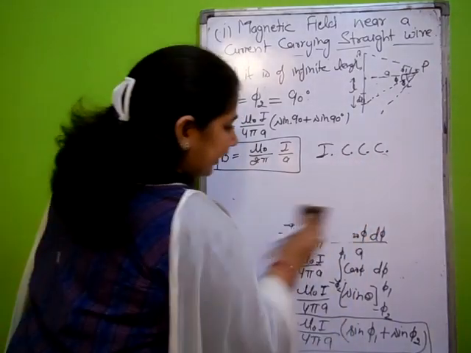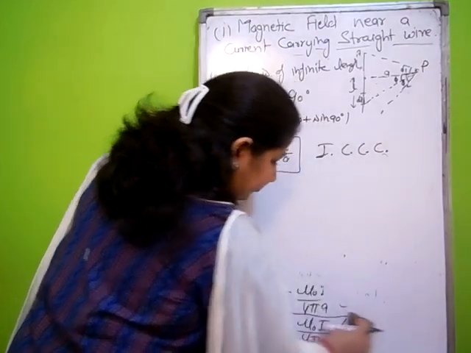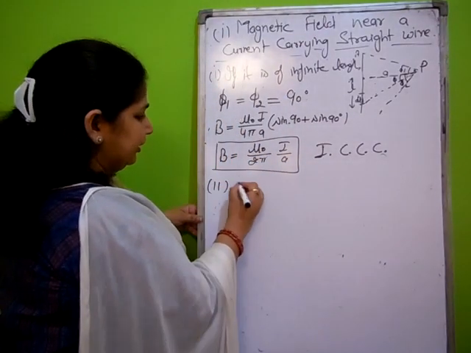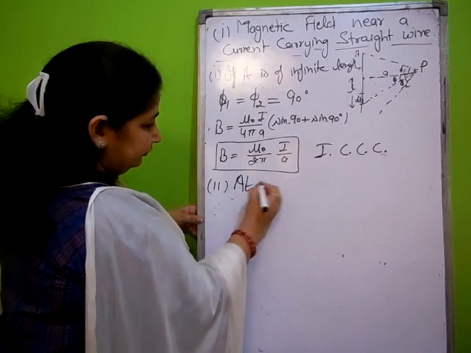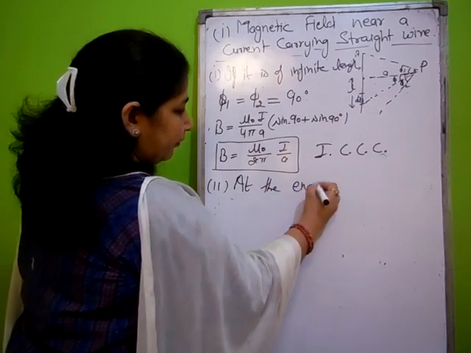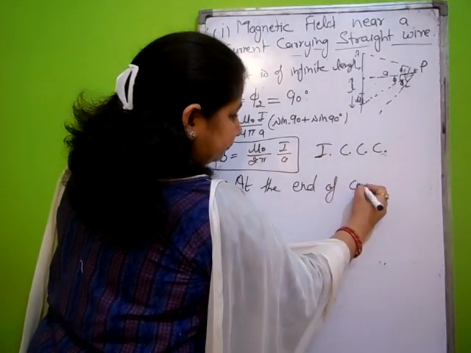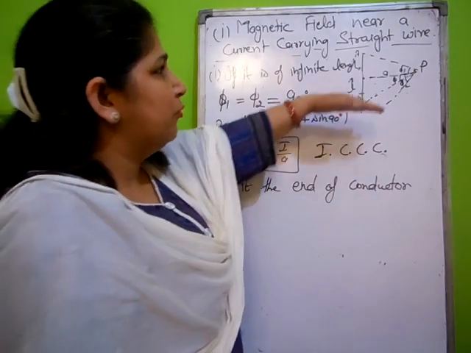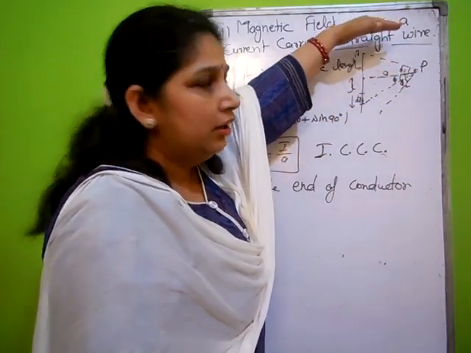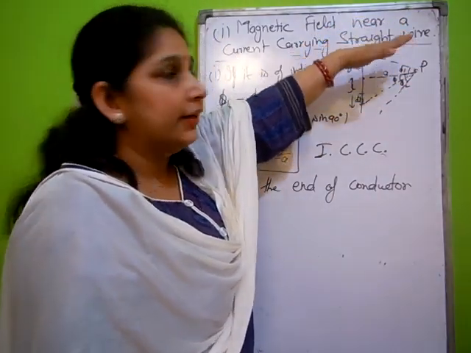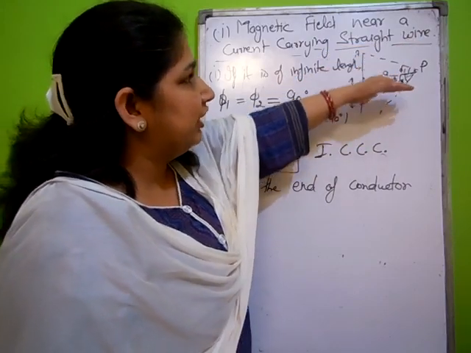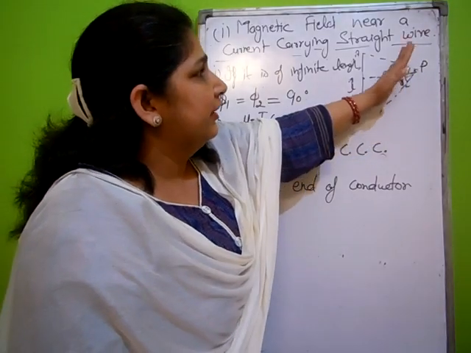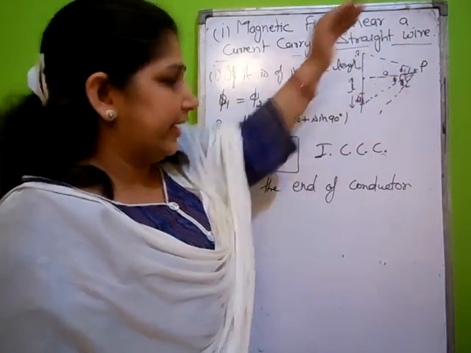Now the second condition, at the end of the conductor. At the end of the conductor, if we move to one side of the conductor, to this point, then one angle will increase, and the second angle will decrease on moving in the upward direction.